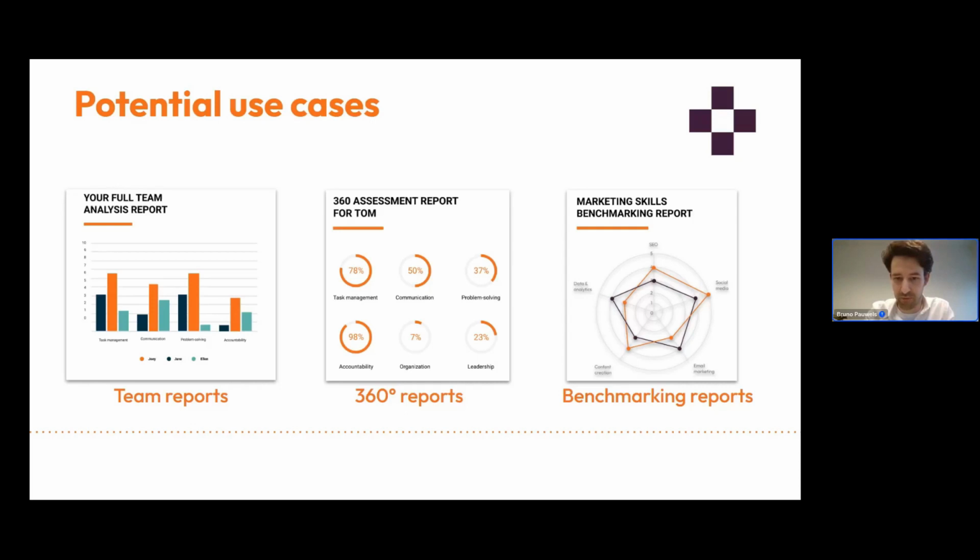That's basically all possible. 360 reports, kind of a difficult term. People like to use it differently, but basically we mean something where one person is being evaluated or assessed by a number of people around them. And ideally, well, that's where the name 360 came from, like a manager, which is on top of, above them hierarchically, then peers, direct reports, and a self-evaluation.